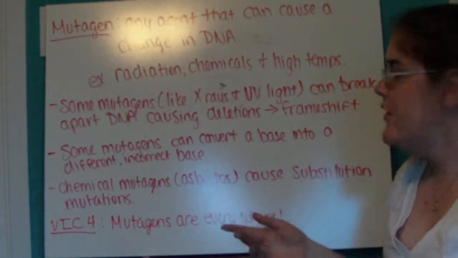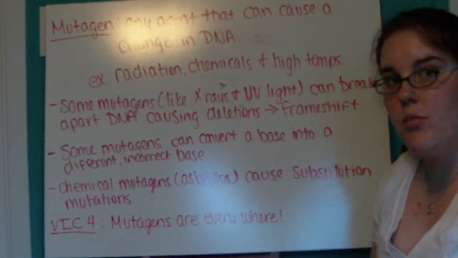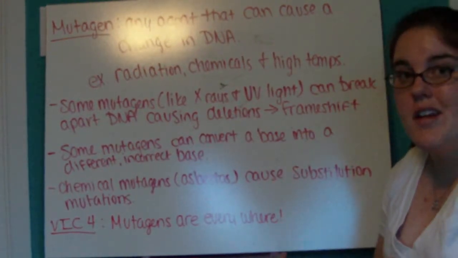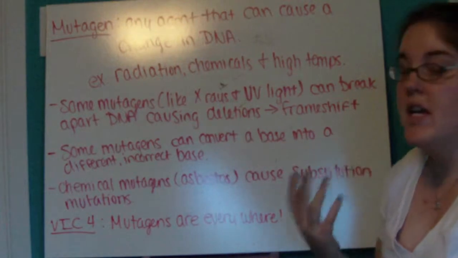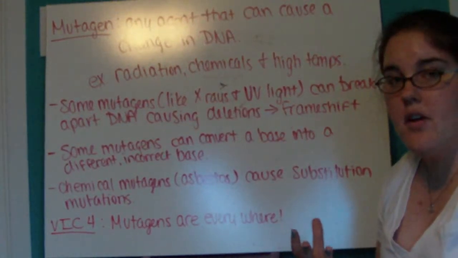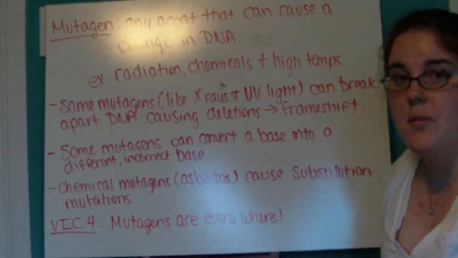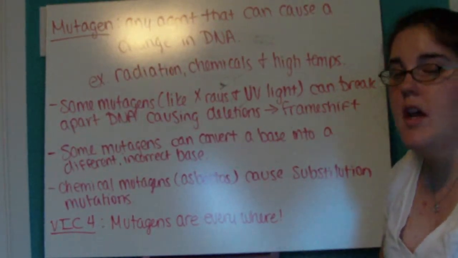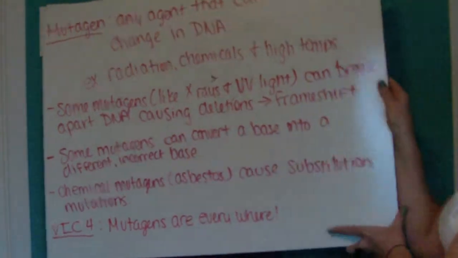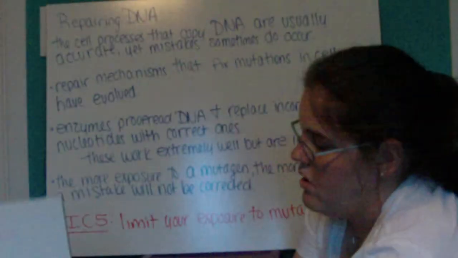Walking outside alone will expose you to UV light, which is a type of mutagen and can cause skin cancer. Or being in a building that was built maybe 50 years ago might lead to you breathing in asbestos, which is a chemical mutagen and can cause a substitution in your DNA.